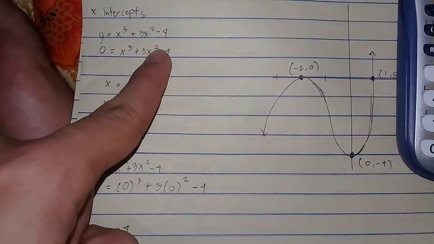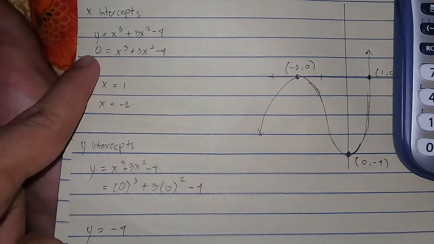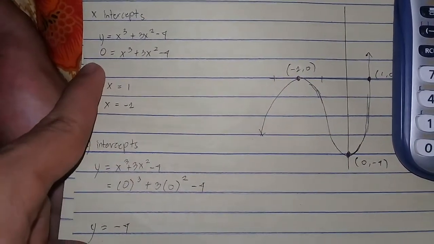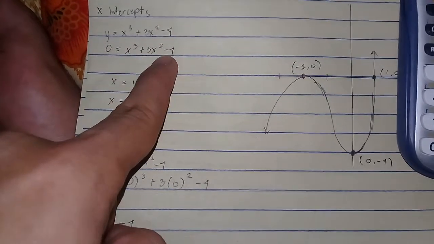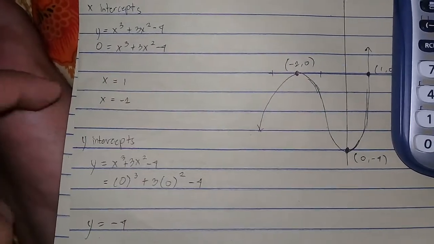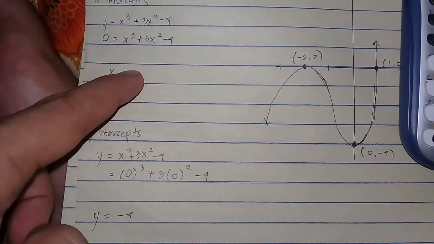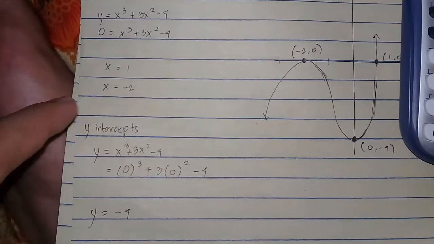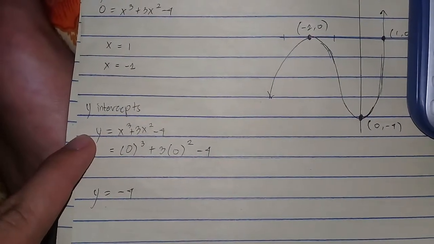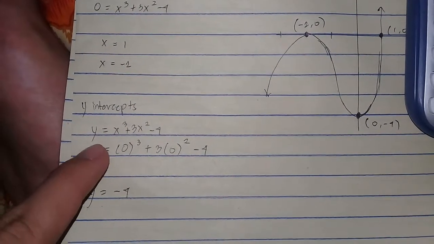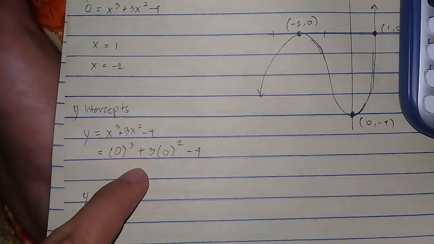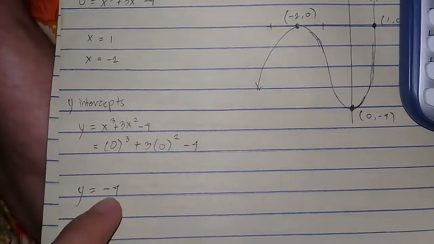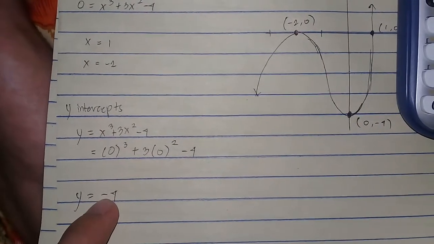In order to find the x-intercept, we're going to substitute y with 0. After that, we find the x's: the first x is equal to 1, and the second x is equal to negative 2. To find the y-intercept, we're going to substitute x with 0. After substituting, we are left with negative 4, which is our y-intercept.